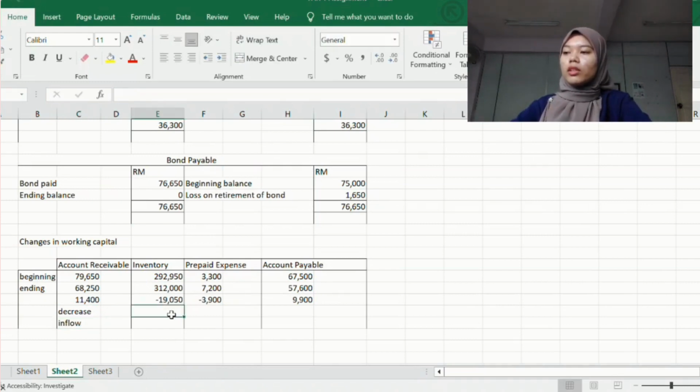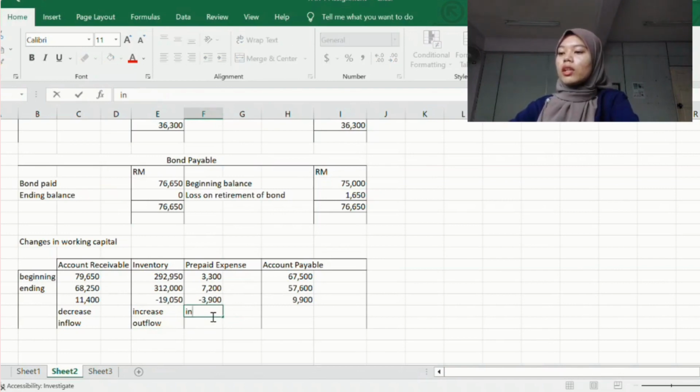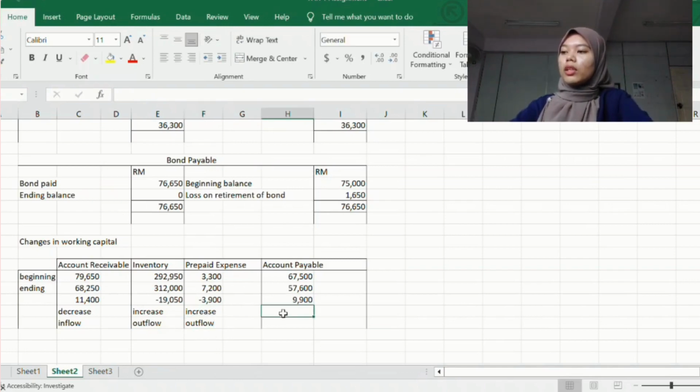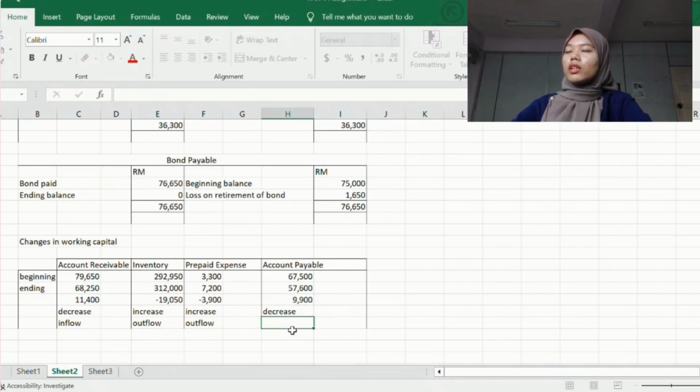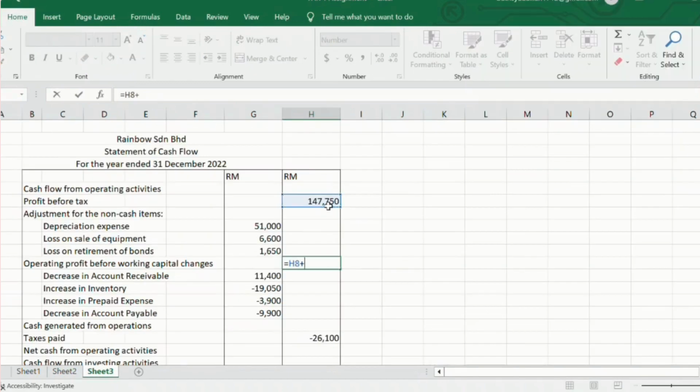For the inventory, the ending is higher than the beginning, so it increased. Since it is an increase, it is outflow. Same with the prepaid expense, this is an increase, so outflow. For the account payable, the ending is lower than the beginning, so we got a decrease in liability resulting in a decrease in cash flow, so it is an outflow.